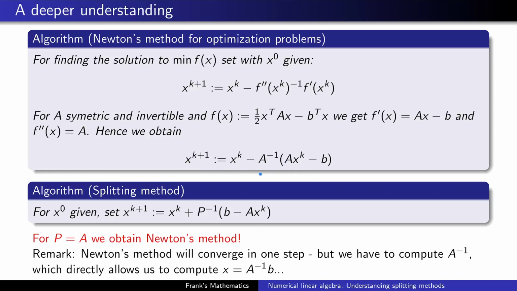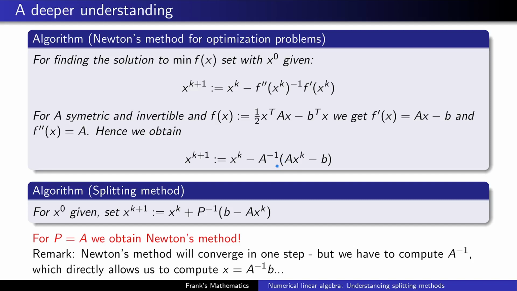Can we put this into our general framework for the splitting methods? Of course we can. You can see it here. And if we choose P to be equal to A, we obtain Newton's method. However, applying Newton's method for a linear system is quite an overkill for two reasons.